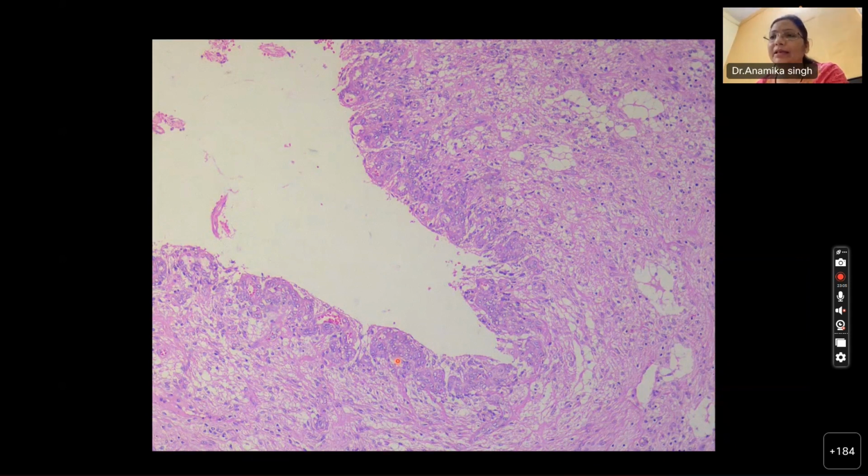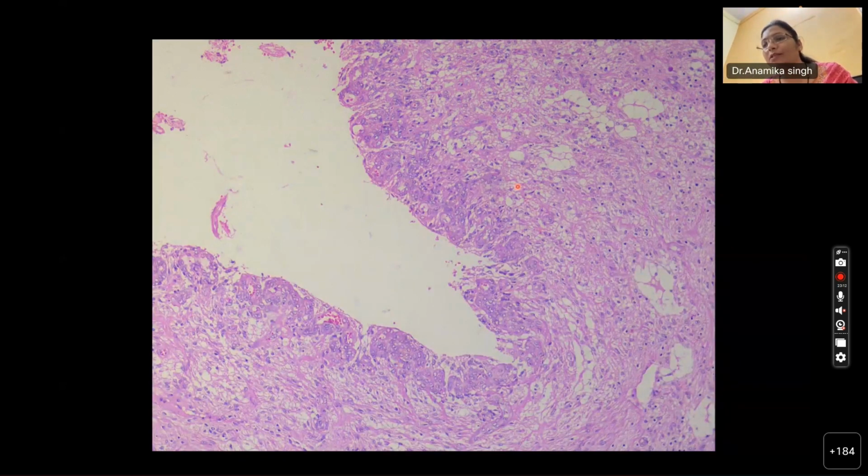Yes. At places we can see glomeruloid proliferation of the microvessels. Good. This is quite characteristic of pilocytic astrocytoma. Normally you think of microvascular proliferation as something that occurs in high-grade tumors, but in pilocytic astrocytomas, this garland-like glomeruloid proliferation is quite often seen.